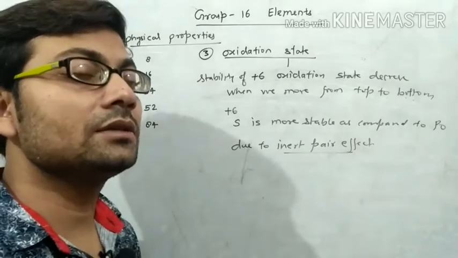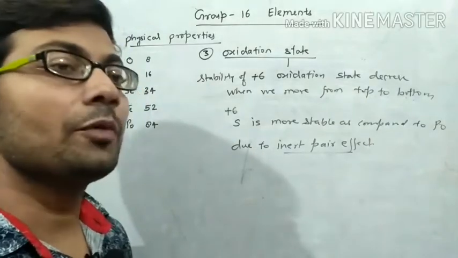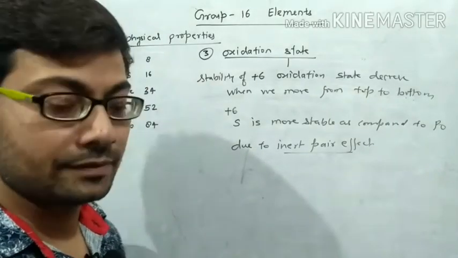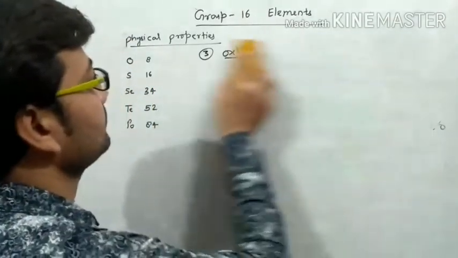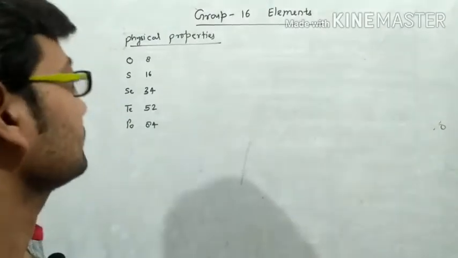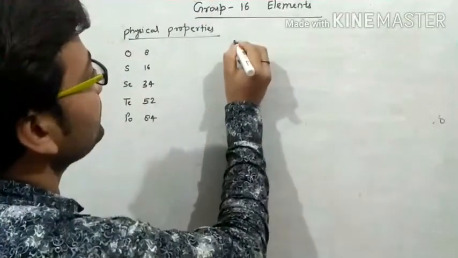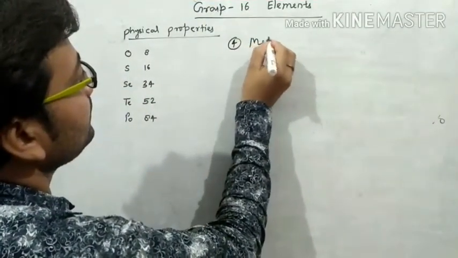Now the next physical properties of these elements. The next physical property is metallic character.